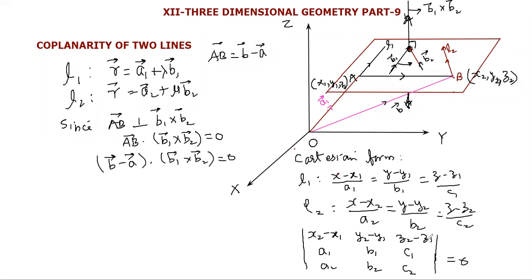You have to remember it. So this is the condition for coplanarity. If you prove this, that means the lines are coplanar.